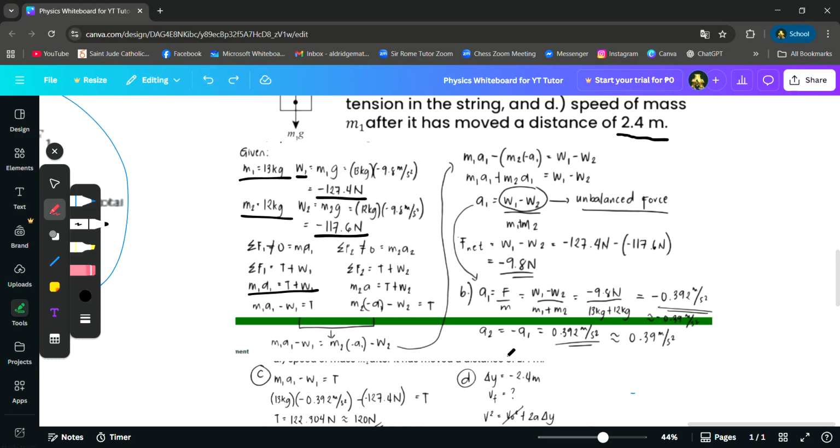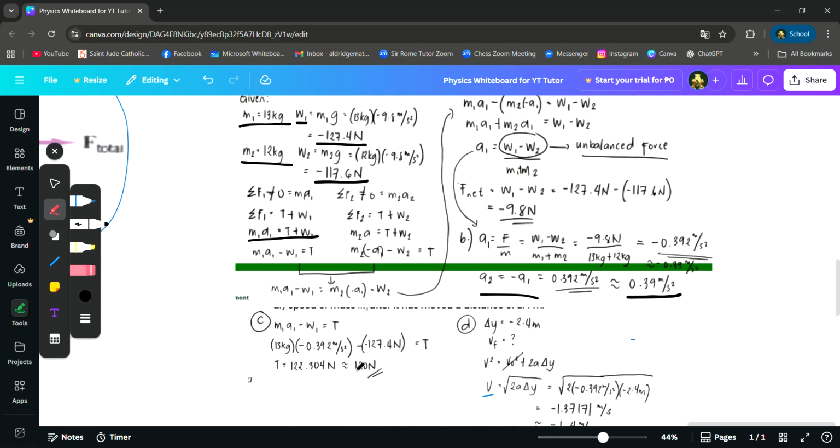Now, if we take into consideration that we turned acceleration 2 into negative acceleration 1, they're supposed to be equal, except negative. So the acceleration of mass 2 is positive 0.39 meters per second squared.